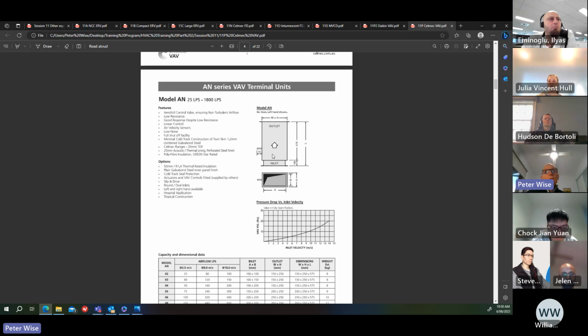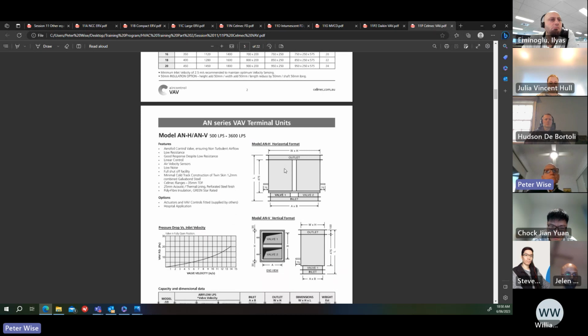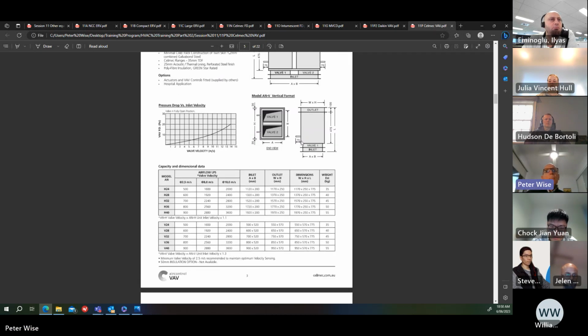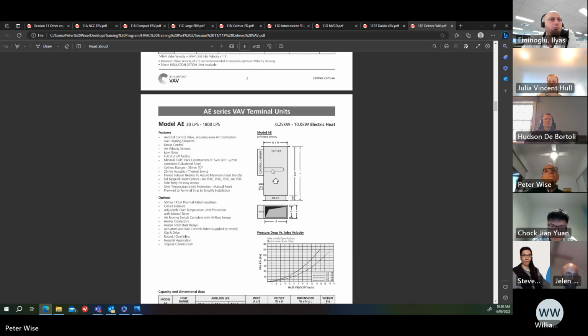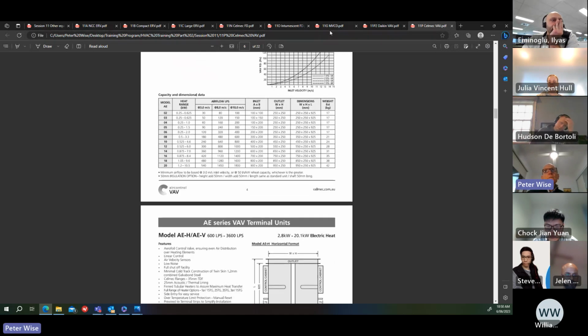You have a motor on there, controller. The inlet has the pitot tube for measuring velocity, so on. So you can get double duct types. This one's got an electric heater in it, and so on. So you can look up that Selmec website and have a look at those.